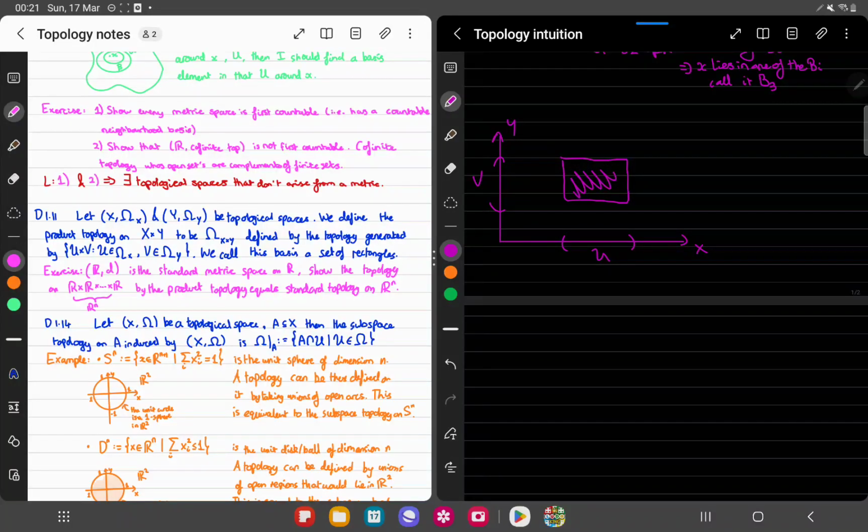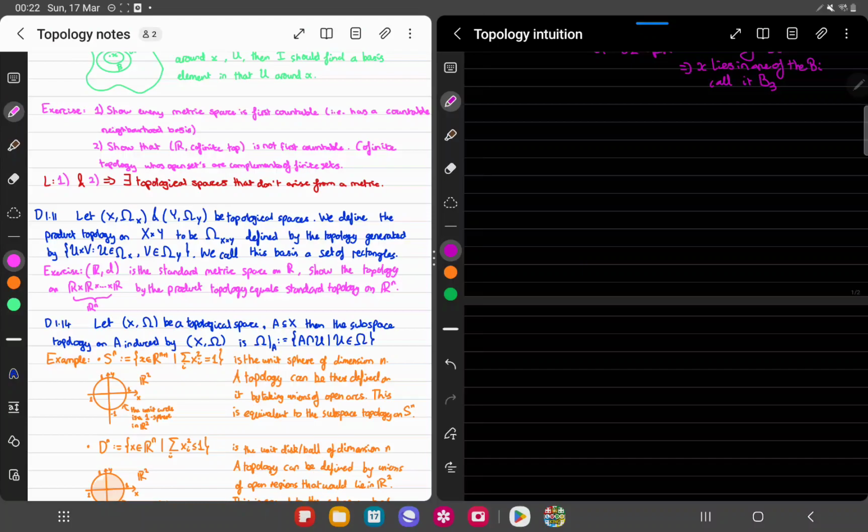That's an open set, or at least one of the basis elements of our open sets here. It kind of looks like a rectangle when you frame it this way. I don't quite like looking at it like that. I prefer the most rigorous definition of it, but it's up to you.